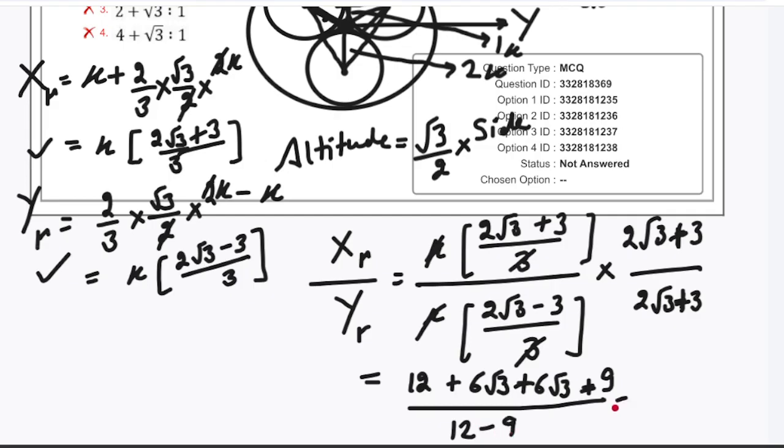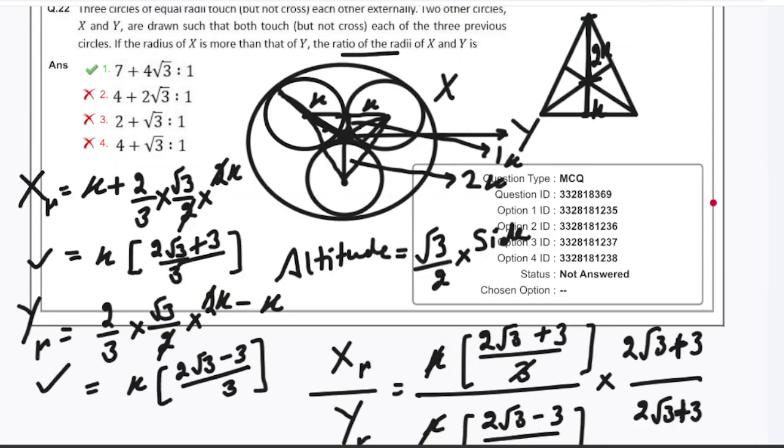So you get 21 plus 12 root 3 divided by 3. Now if you cut it down further, you get 7 plus 4 root 3 is to 1. So that is the answer here.